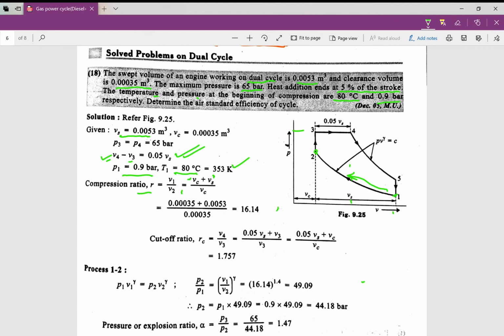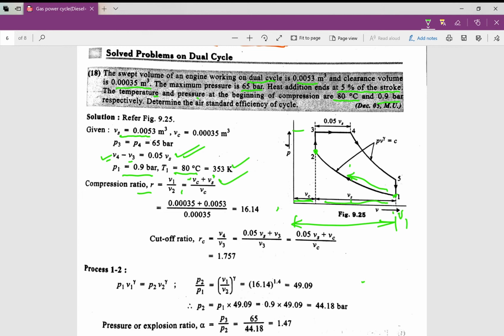This V1 can be written as Vc plus Vs. V1 is the total volume from here to here. So compression ratio is V1 divided by V2.